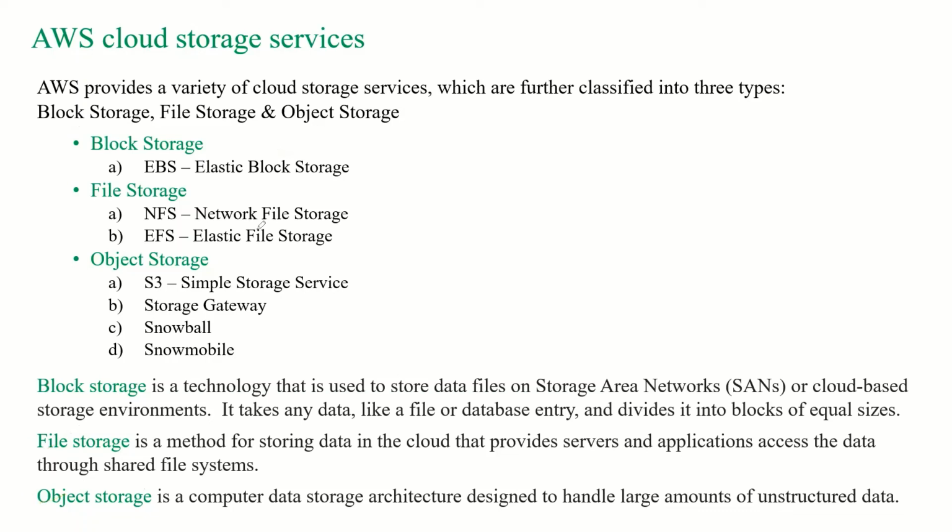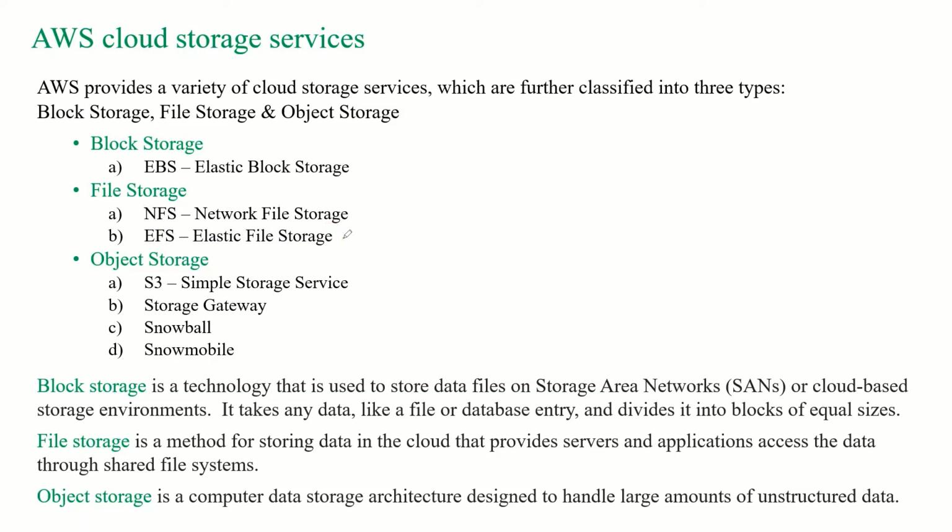Under traditional file storage, we have 2 types of file storage. One is network file storage and another one is EFS, Elastic File Storage. Elastic File Storage is used only in Linux or Unix based operating systems. However, network file storage can be used in both Linux as well as Windows based operating systems. Why is EFS used only in Linux?